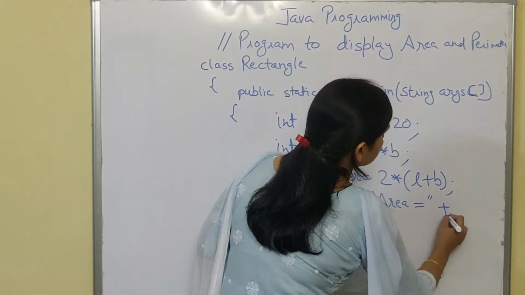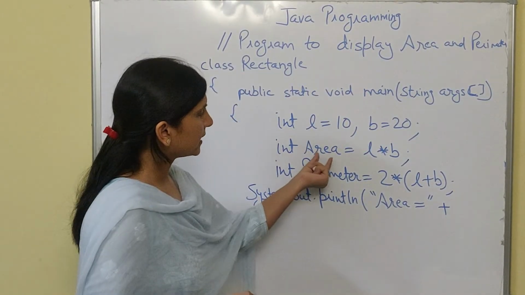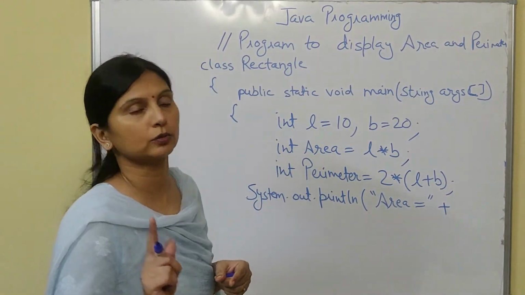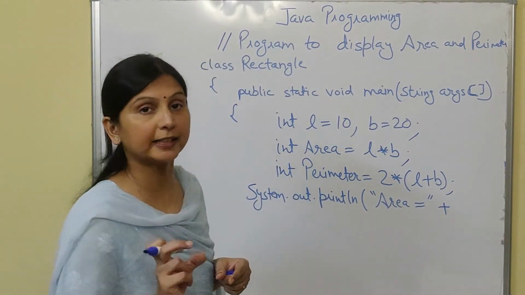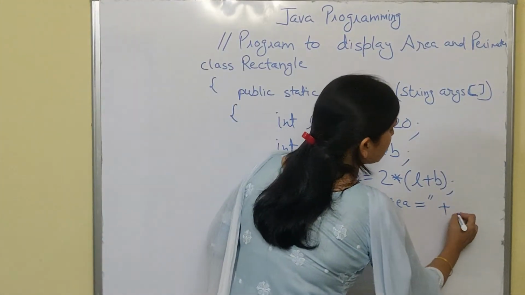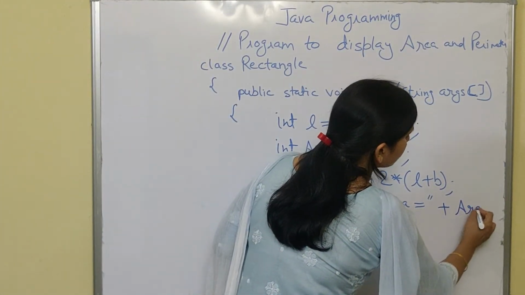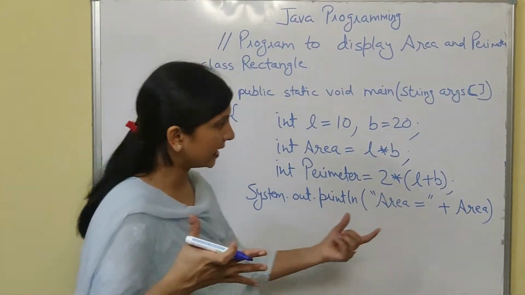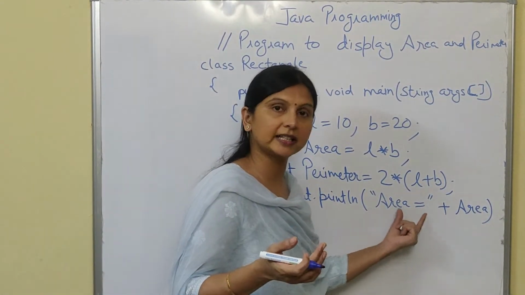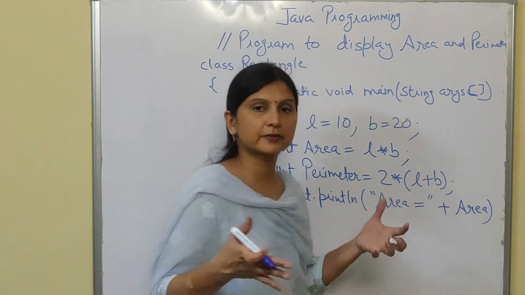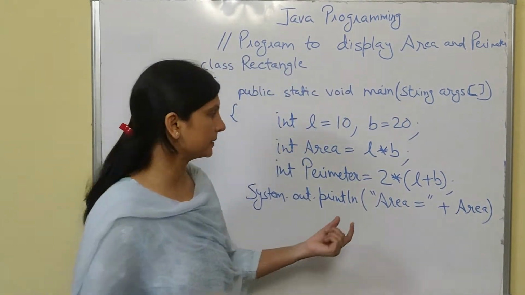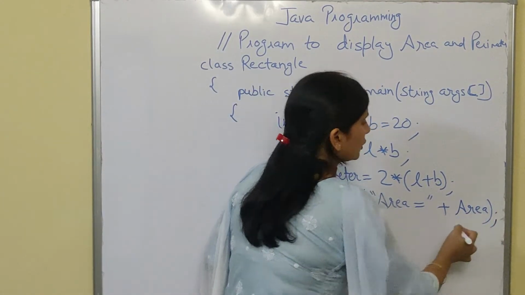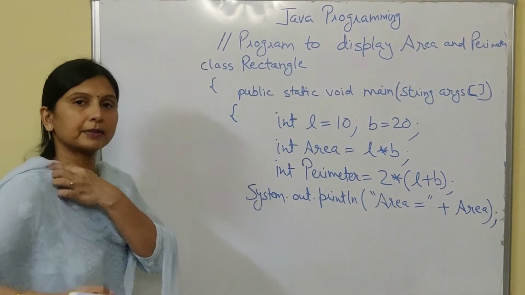Then you want to display the value of area, which should not be within double quotes because you want to display its value. Then plus is used for concatenation, combining the value of the variable with the message. So the plus sign is for concatenation. Then after the system.out.println statement, semicolon.